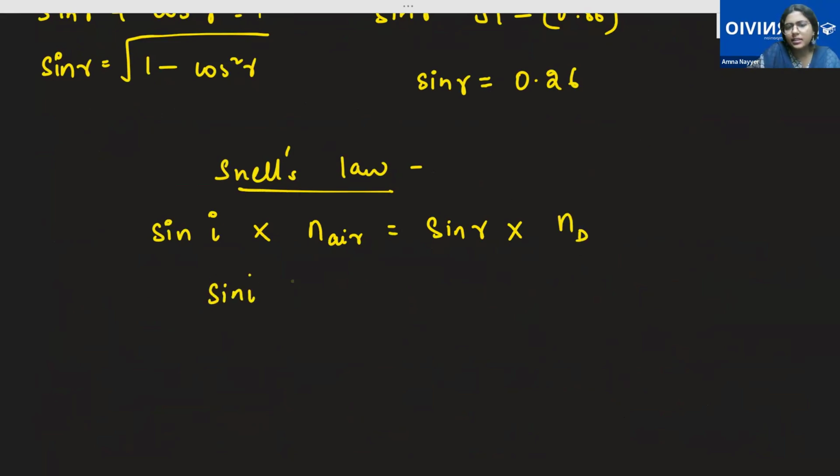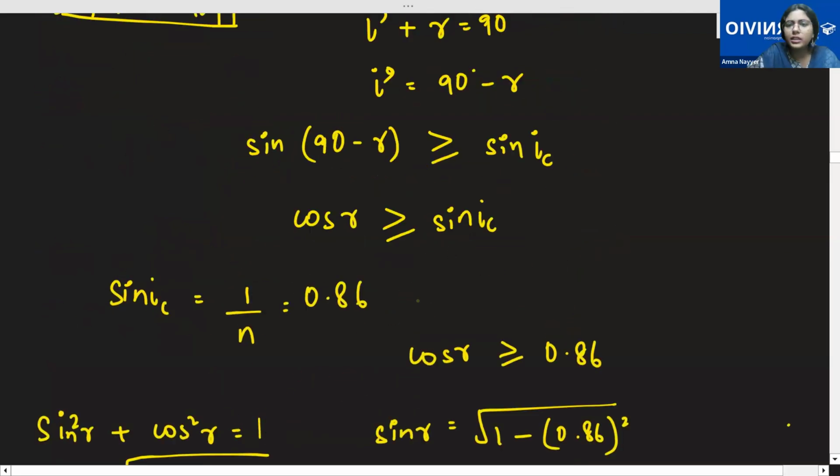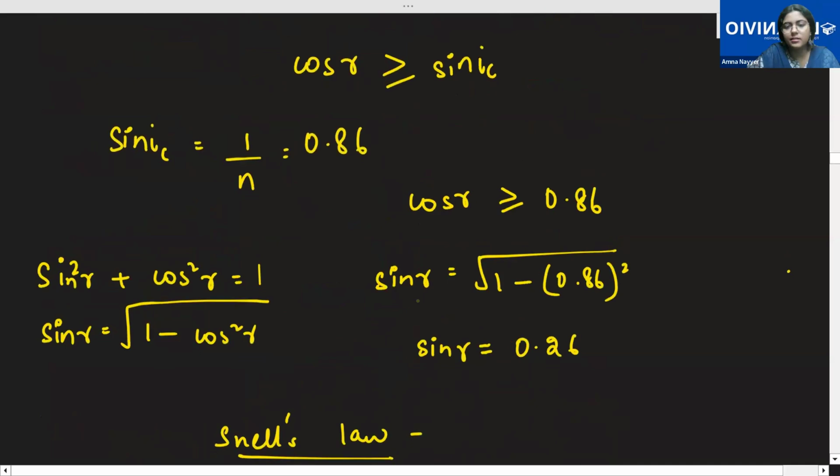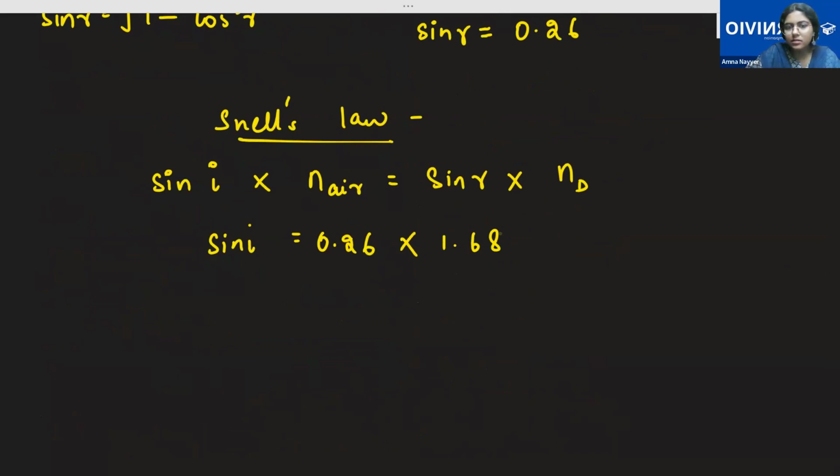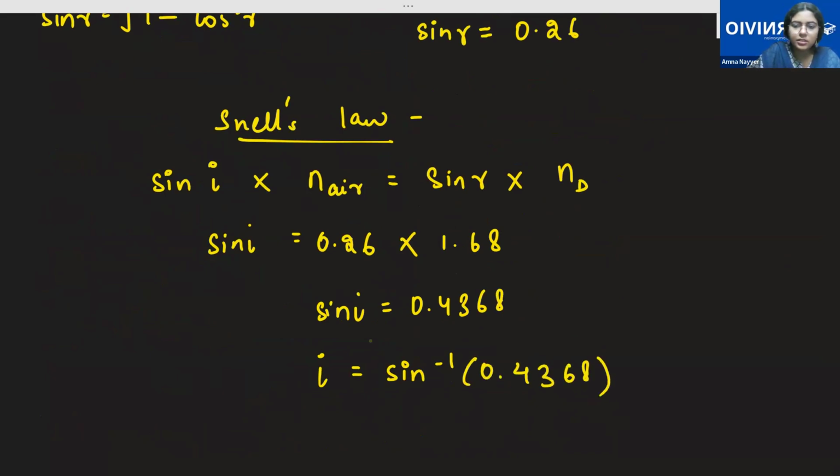Sin I is missing, this is 1. Sin R is 0.6 into ND is 1.68, so this value will be around 0.4368. So angle of incidence will be sine inverse 0.4368.